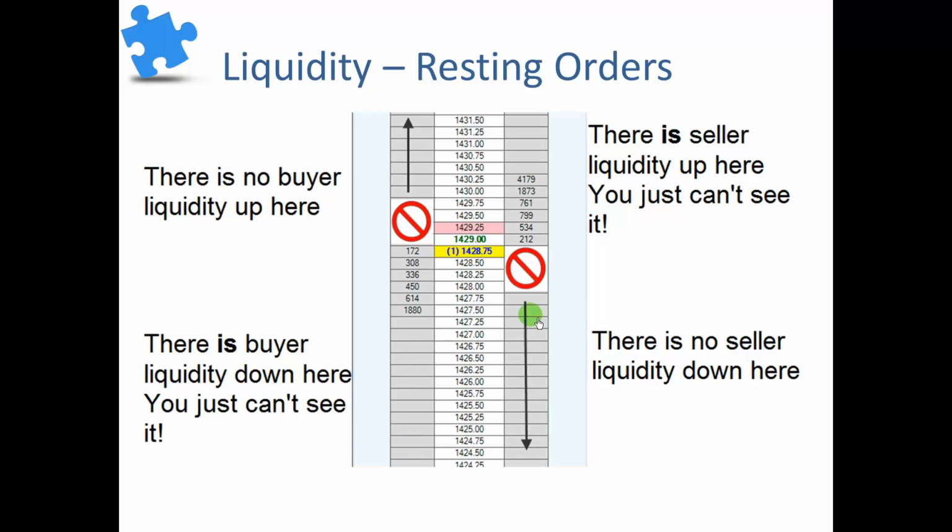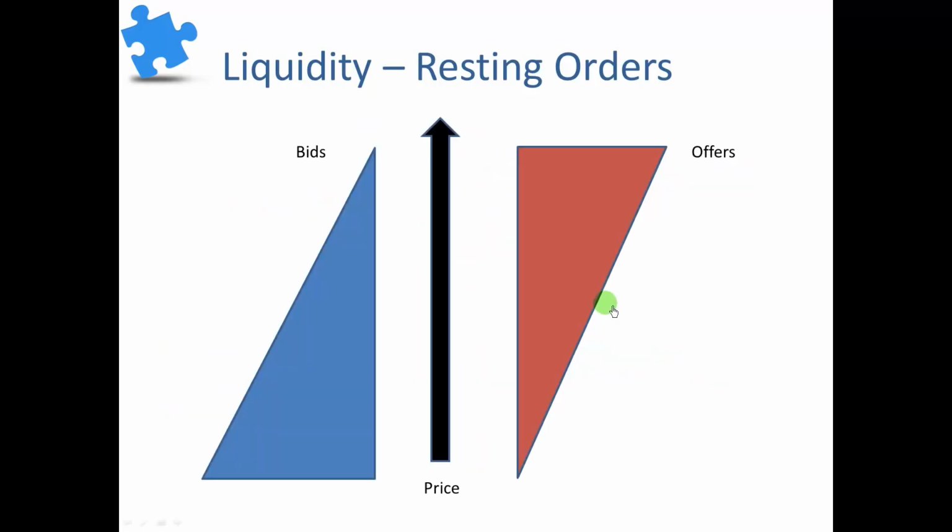I'm going to show you ways to do that exactly later on, but for now just remember there are no floors below you and there are no ceilings above you. There are no ceilings below you and there are no floors above you. And here is another way to imagine the liquidity picture.